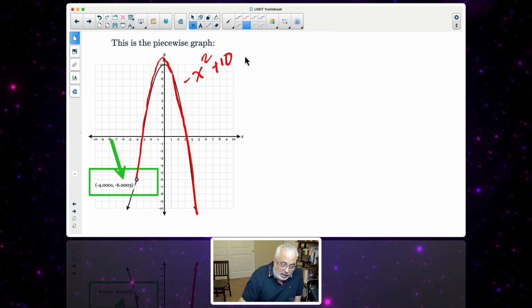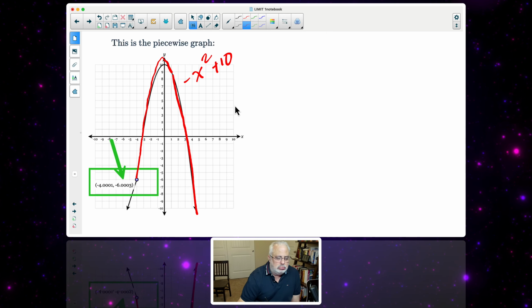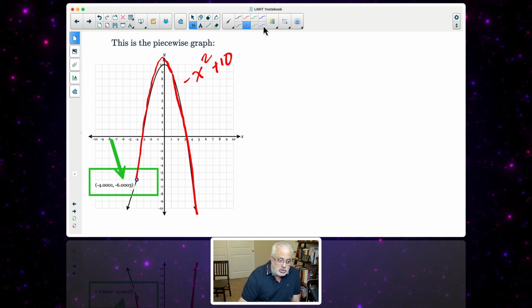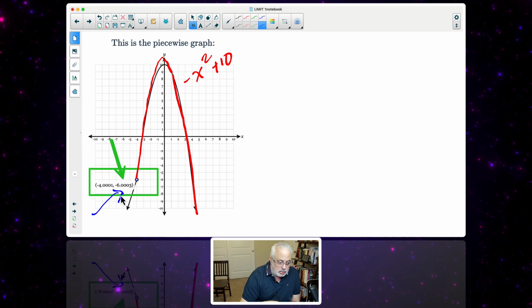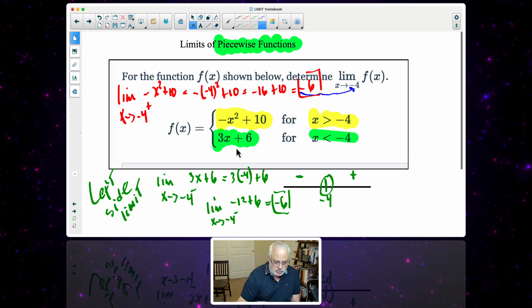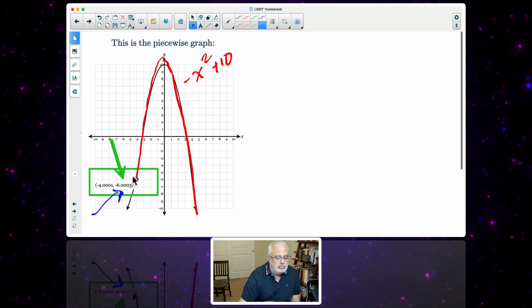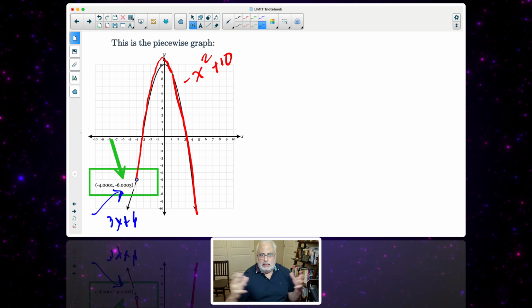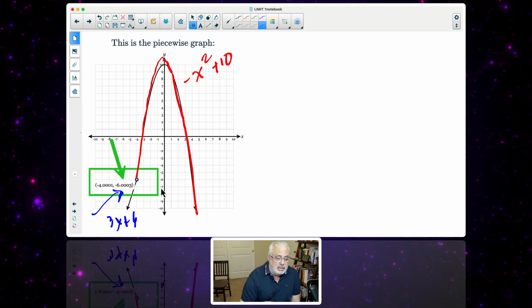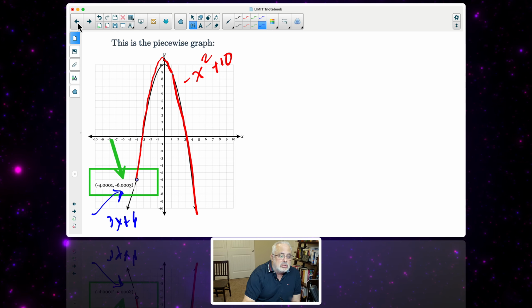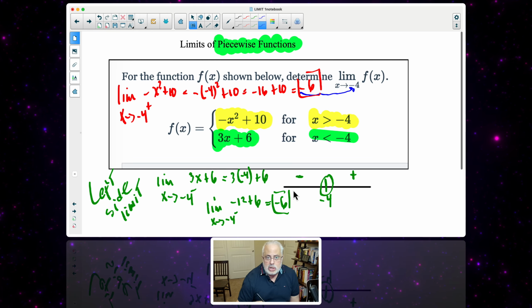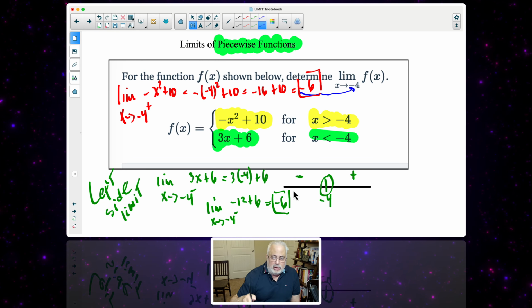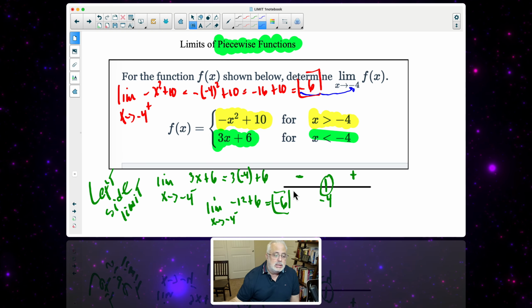By the way, the y-intercept is 10. And this is the reason for the linear function 3x plus 6. This is 3x plus 6. And the limit exists. The limit is -6. And it's -6 because I evaluate -4 from the right and from the left.